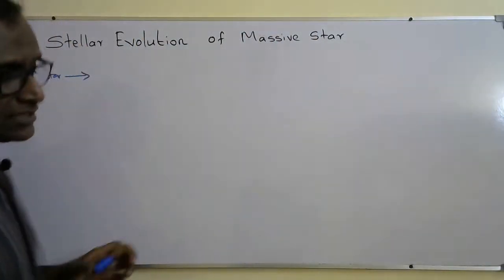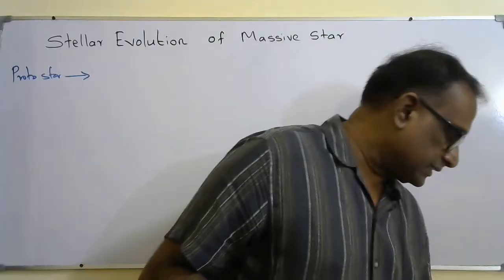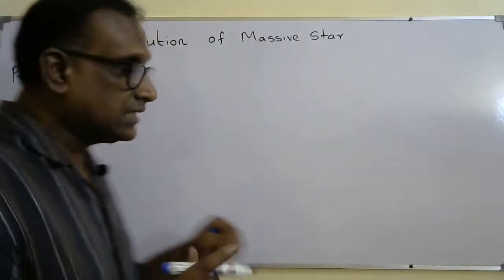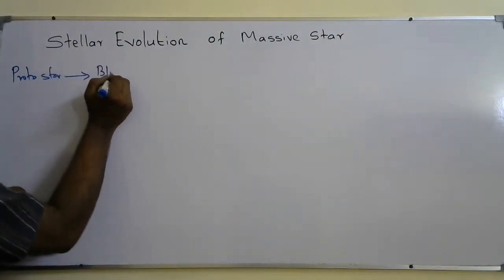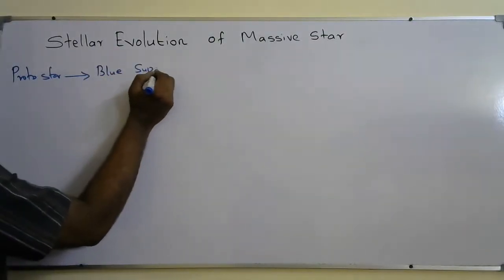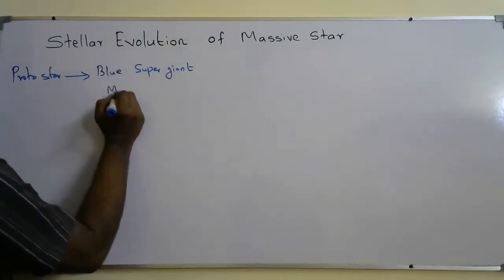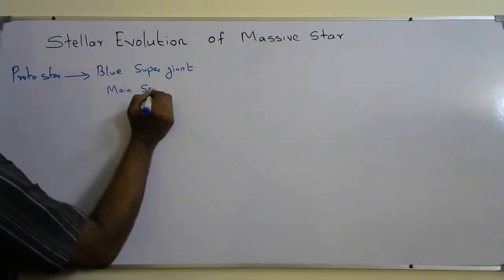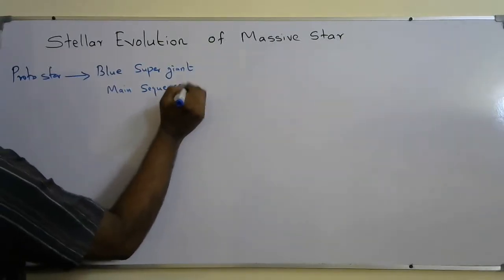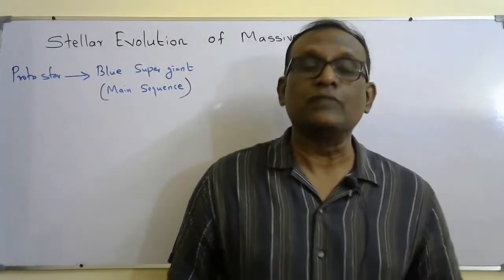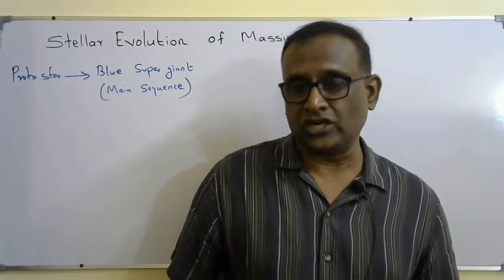The main sequence star is called a blue supergiant. It's called blue supergiant because it is massive and much larger. So that is the main sequence star. In this state, here also, inside the nucleus, a significant amount of hydrogen fusion occurs.